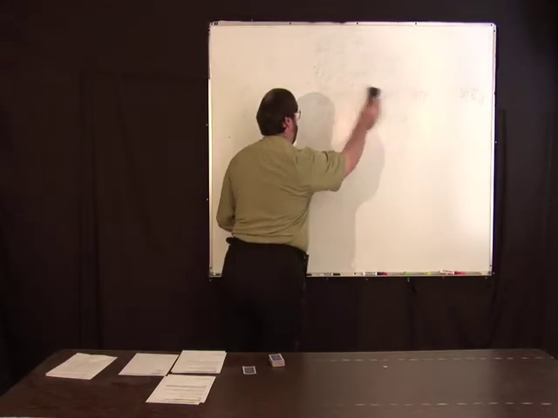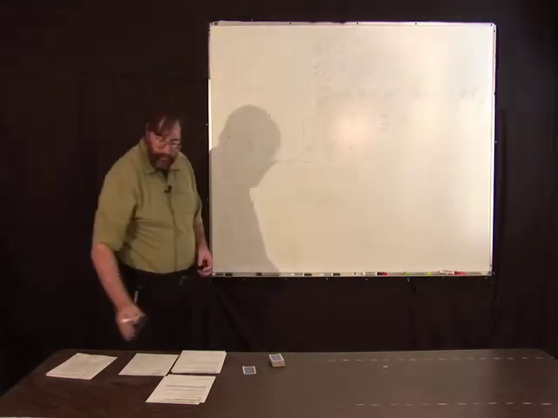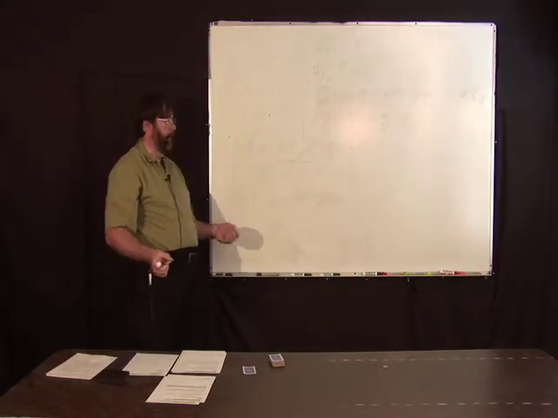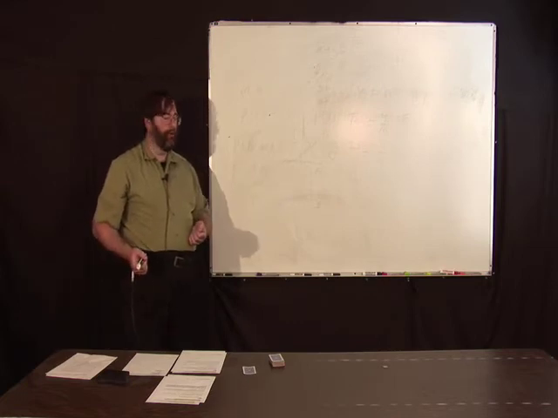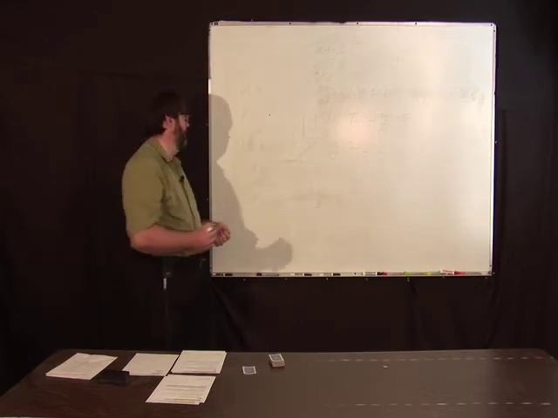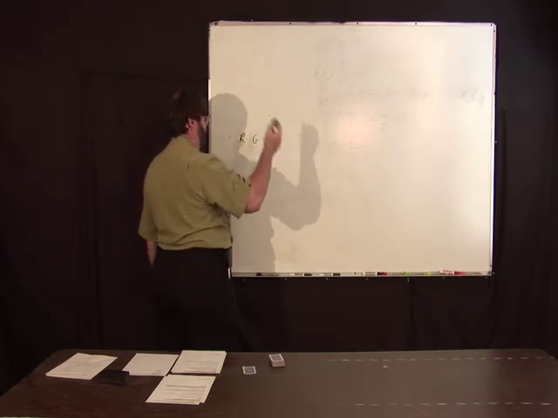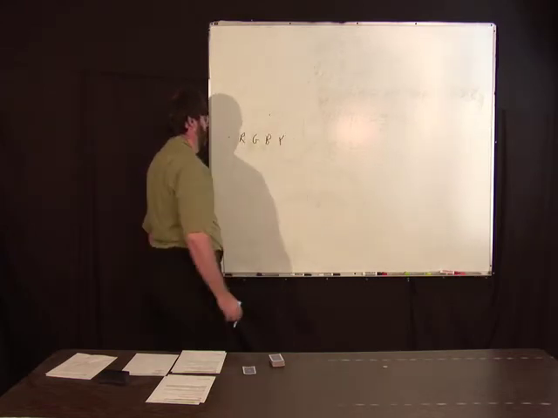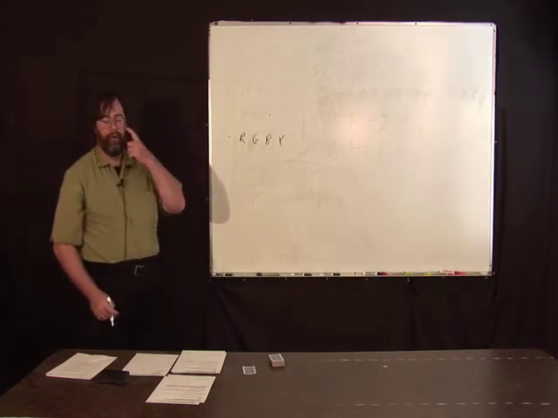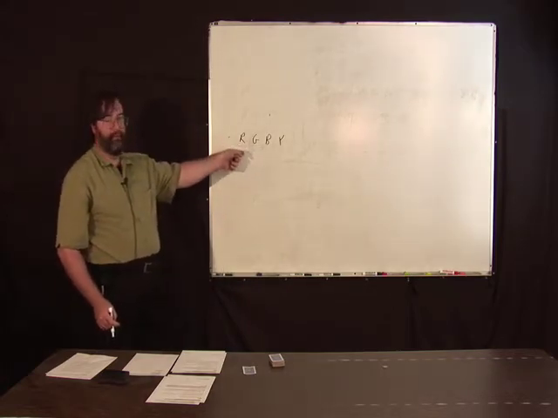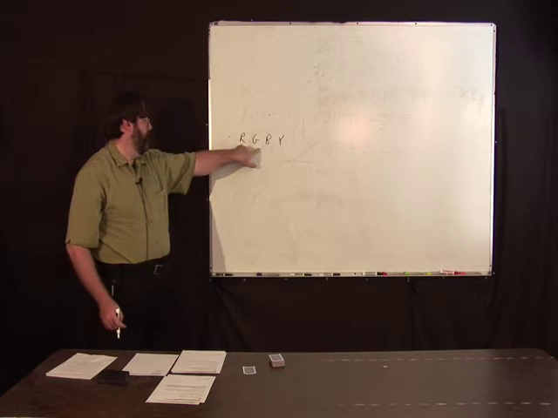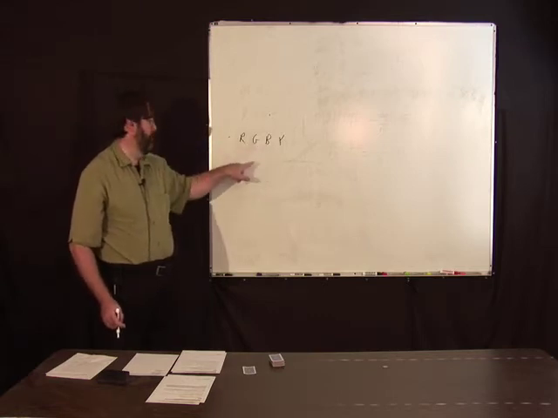So where does this come from? Let's say you have 4 different colored beads. Let's say they're red, green, blue, and yellow. What are the different ways you can arrange these?